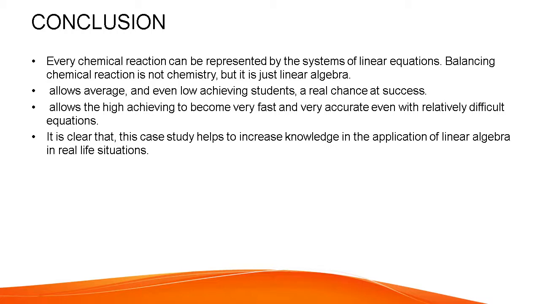It can remove what is often a source of frustration and failure, and that turns students away from chemistry. Also, it allows high achieving students to become very fast and very accurate, even with relatively difficult equations. Hence, it is clear that this case study helps to increase knowledge in the application of linear algebra in real life situations.